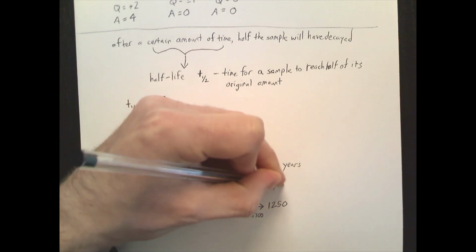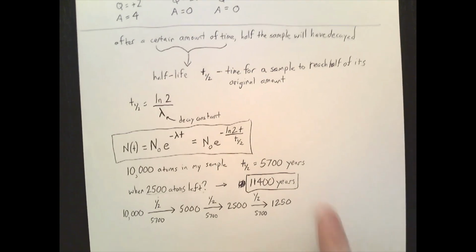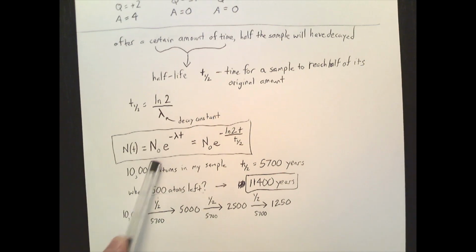So you can use this idea that whatever the half-life is, I lose half of my atoms to get a rough estimate of how many atoms you have left. If you really wanted to go in and solve this exponential, you're welcome to do so. But again, very rarely do they ask you to be that specific.